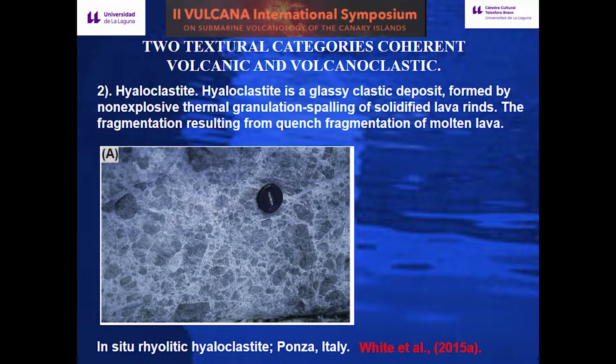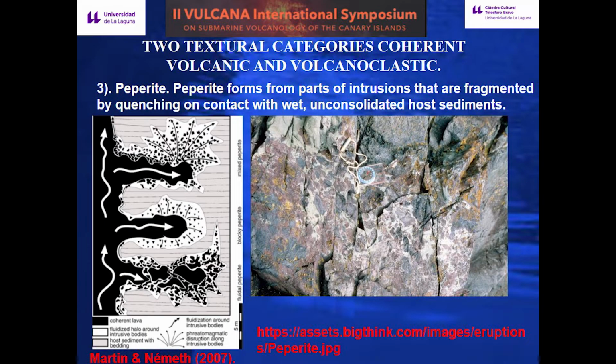This is another hyaloclastite. In this case, it is in situ rhyolite hyaloclastite from Ponza, Italy. Peperite is formed by parts of intrusion that are fragmented by quenching in contact with wet and unconsolidated host sediment.